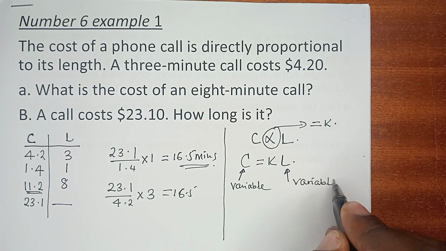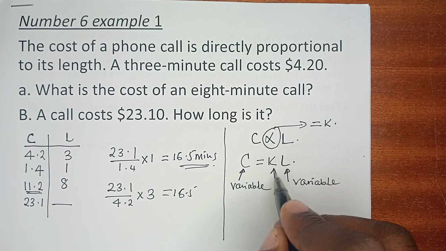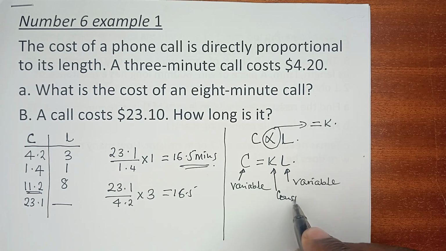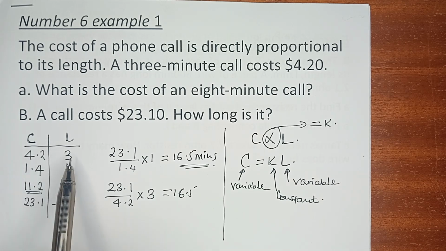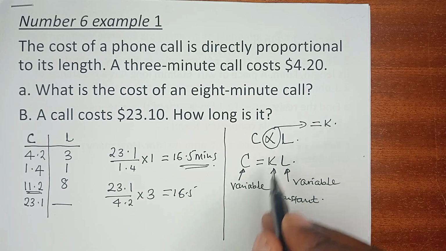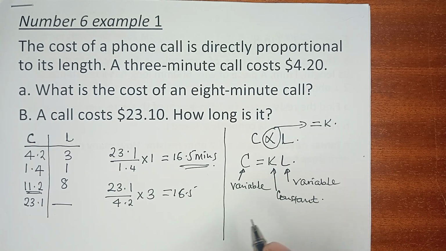It changes, but K is a constant. K is a constant. It does not change. With the original information, 4.2 for every 3 minutes, we can find out what is our K. So the cost 4.2 equals K times 3.